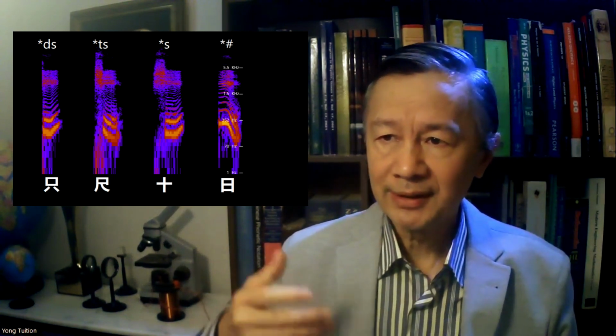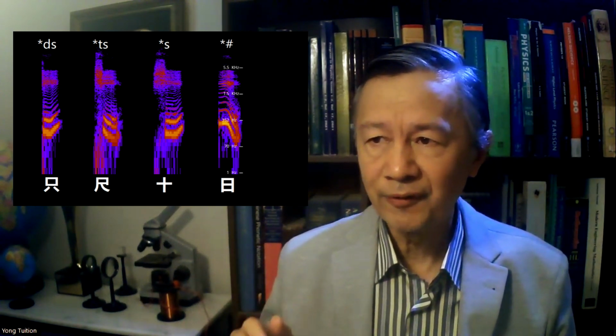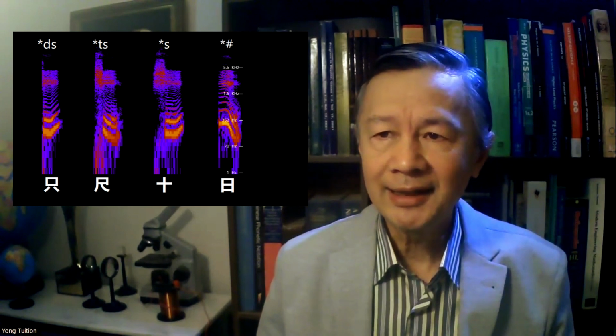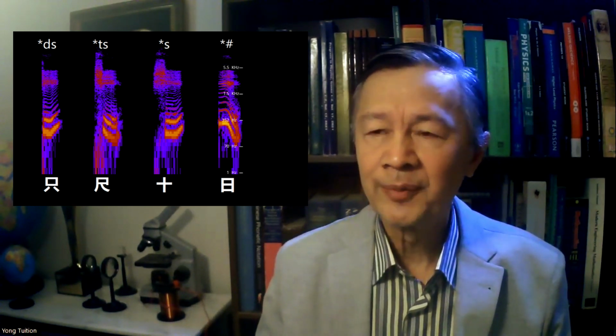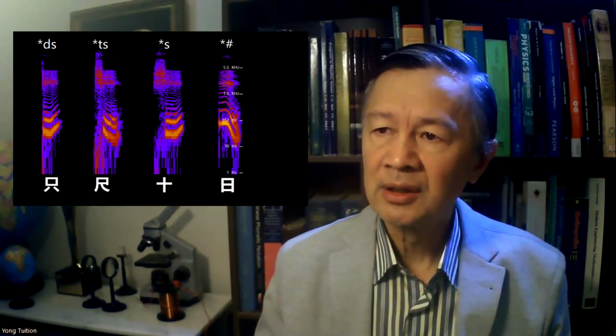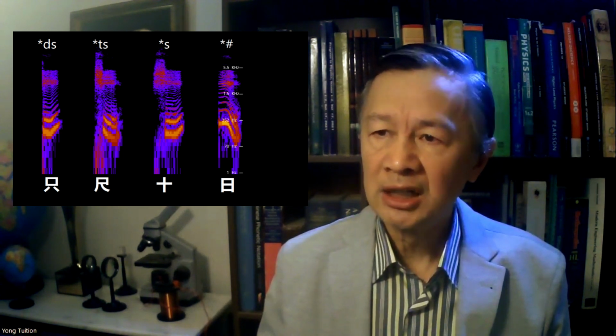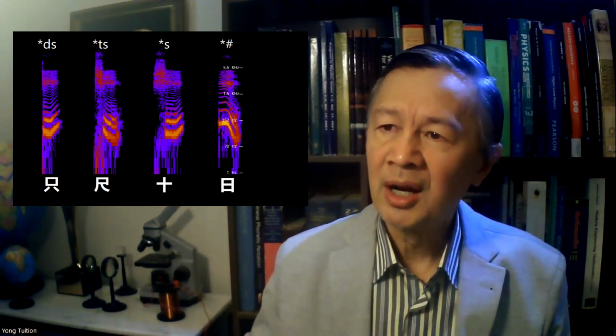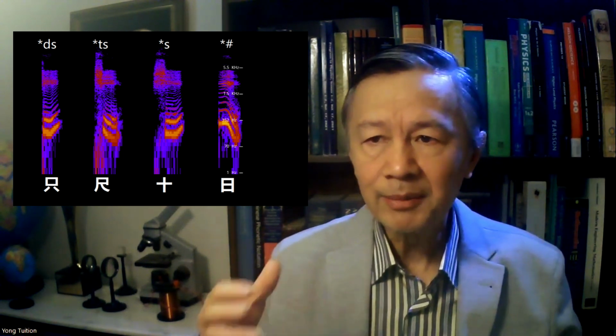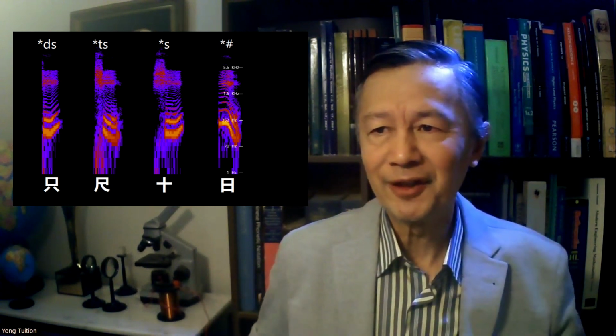Once you can make this airflow sound through your front teeth, you can add the three initials zi, ci, si as zhi, chi, shi, while keeping making the irritating airflow sound.